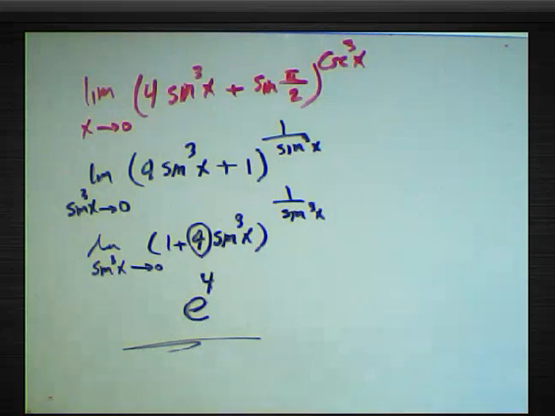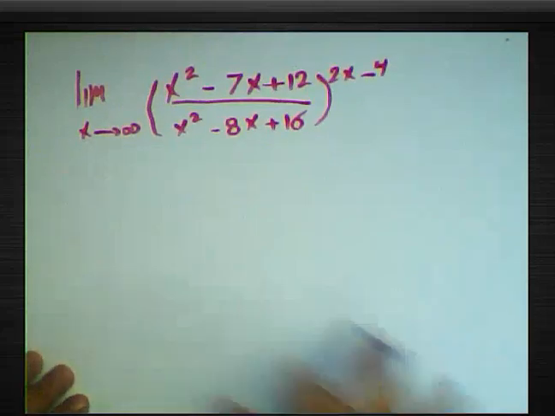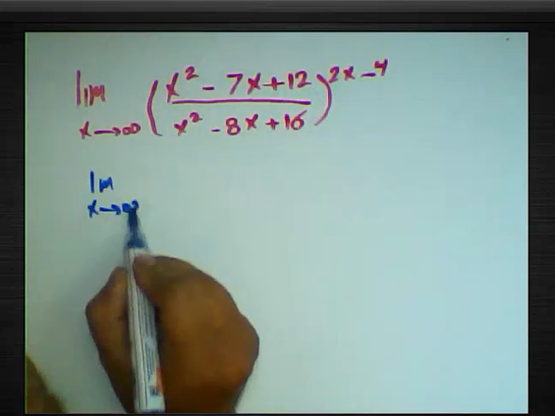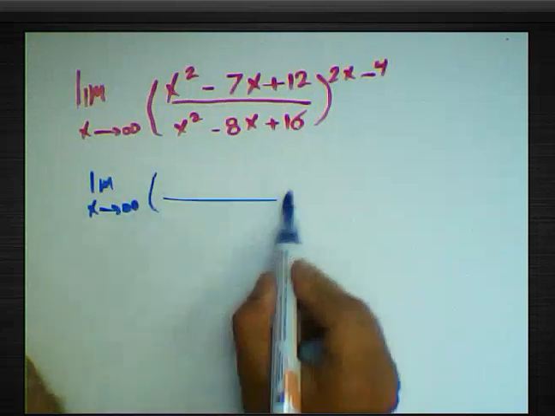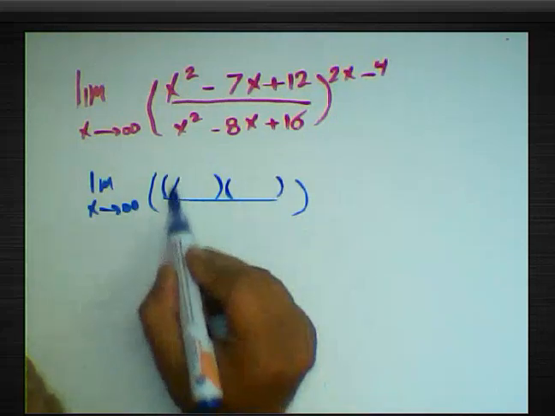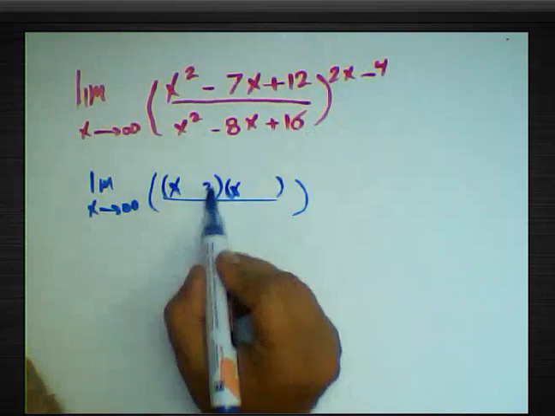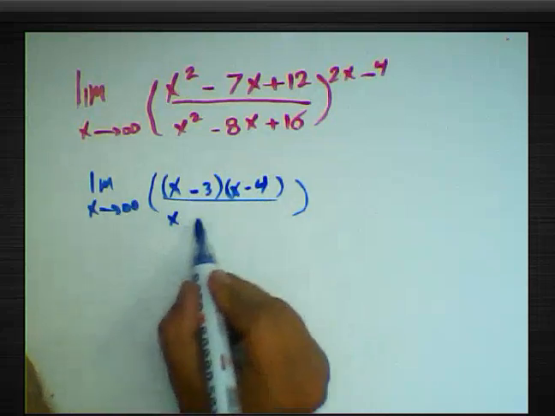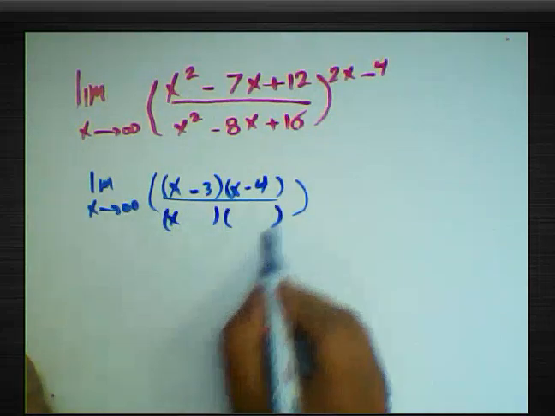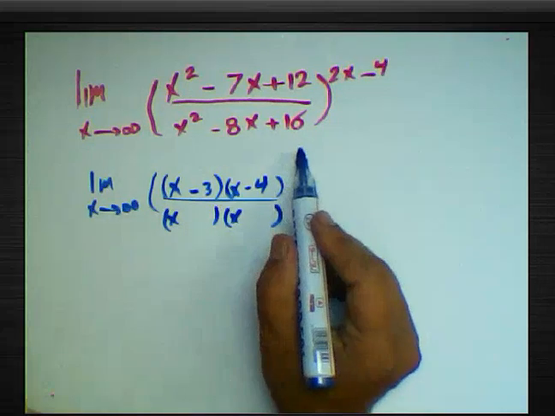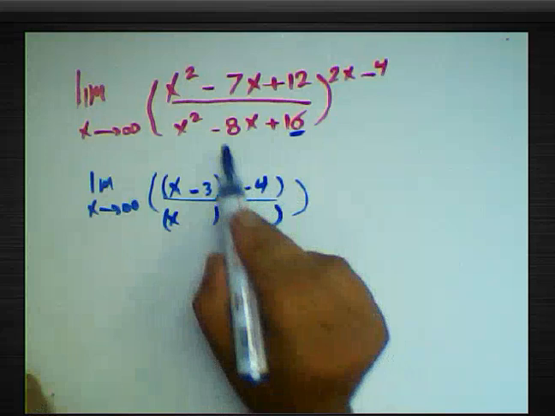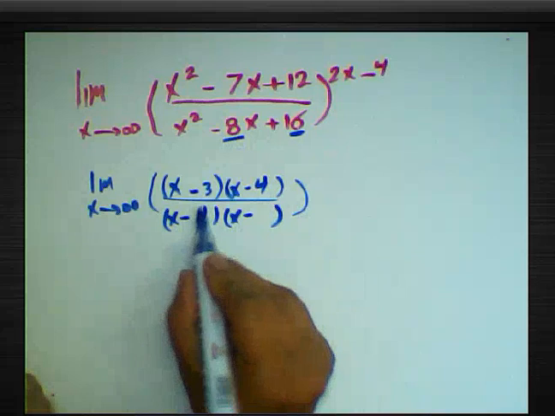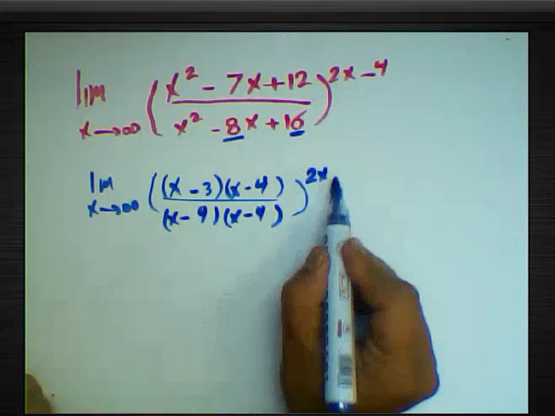Okay, look at this example. You can simplify it by factorizing the numerator and denominator. Limit when x approaches infinity. Factorize it: two parentheses, write x and x. 12 equals 3 times 4, with negative and negative, so x − 3 and x − 4. The numerator is x² − 7x + 12. For the other, two numbers whose product is 16 and sum is 8 means 4 and 4, with negatives, so (x − 4)(x − 4), all to the power 2x − 4.